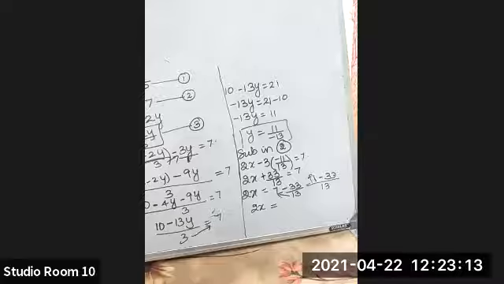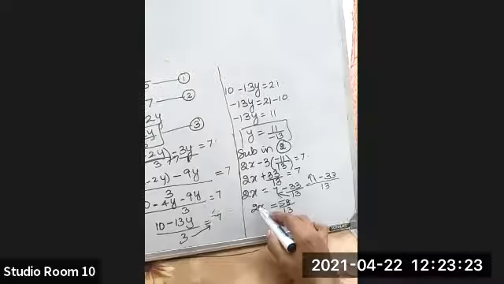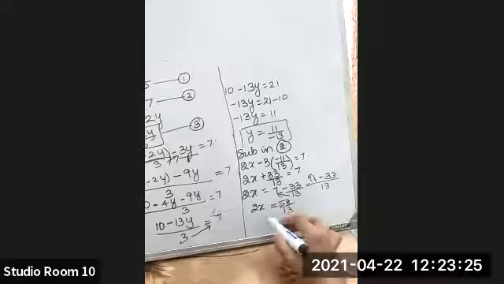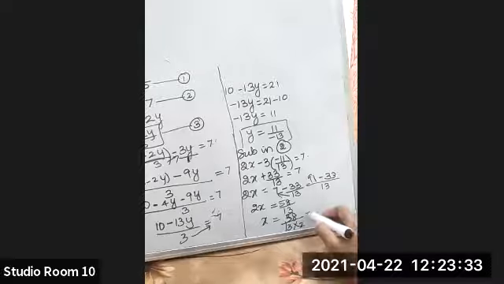What is 91 minus 33? 58. So 58 by 13. Correct, children? Now what is x? The 2 multiplying x, if you take it to the other side, it is divided by 2. So 58 by 13 into 2. When you cancel it, it is 29 by 13.